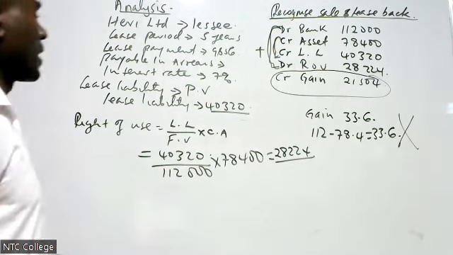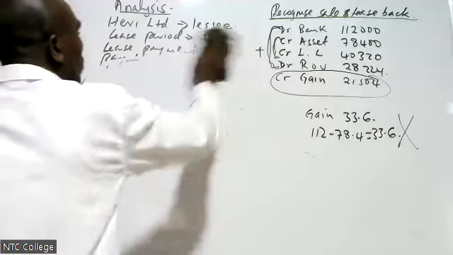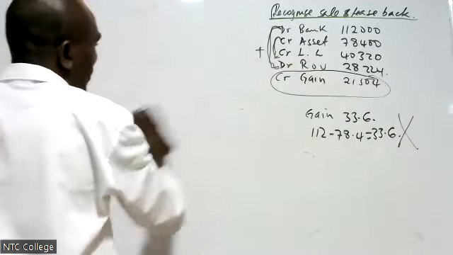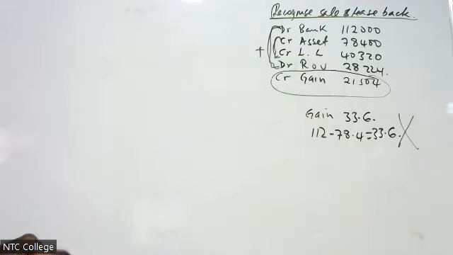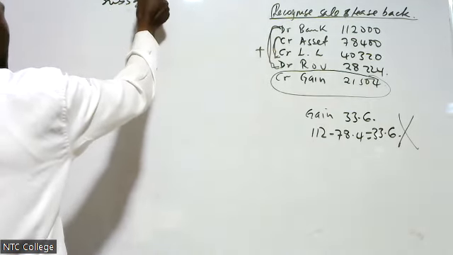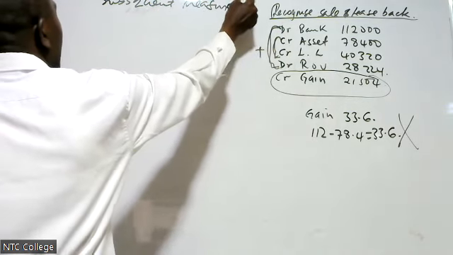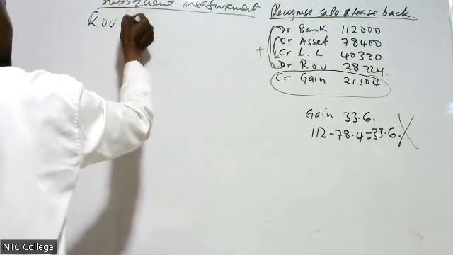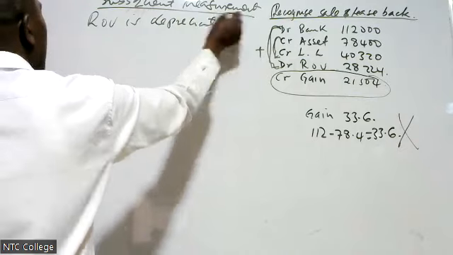Now, after we have this, we go to subsequent measurement, so that we complete this question. This is just on initial recognition. Subsequent measurement. The ROU is depreciated.